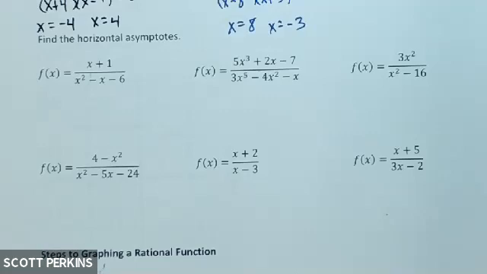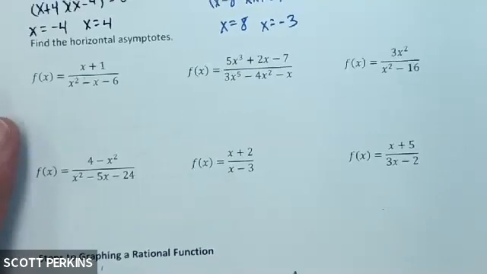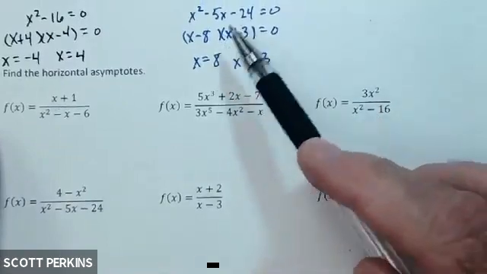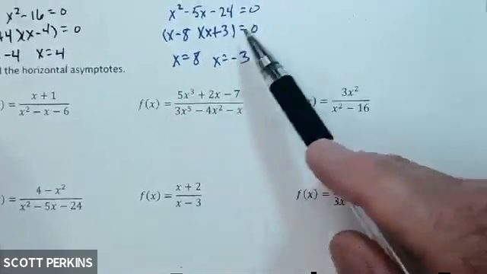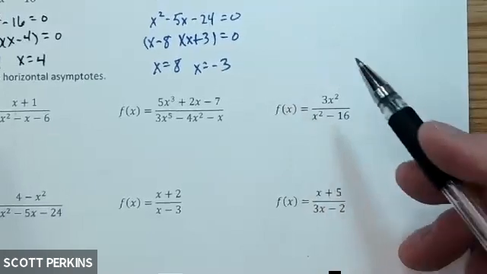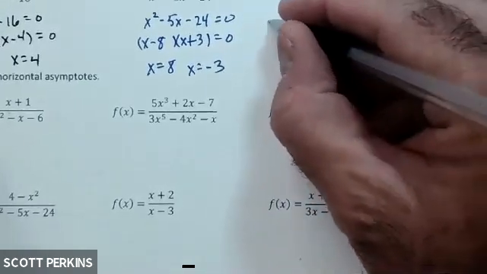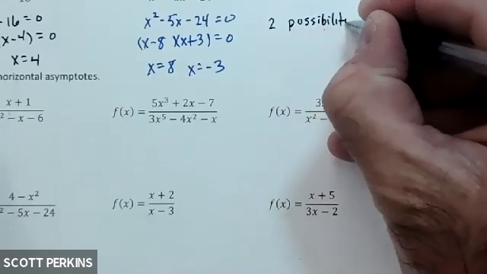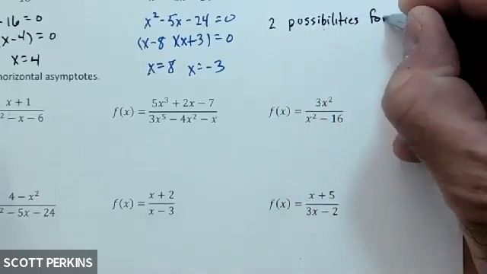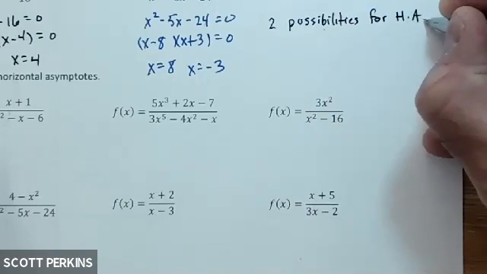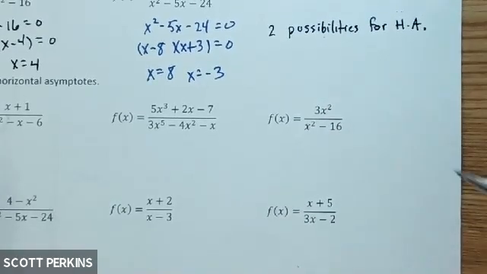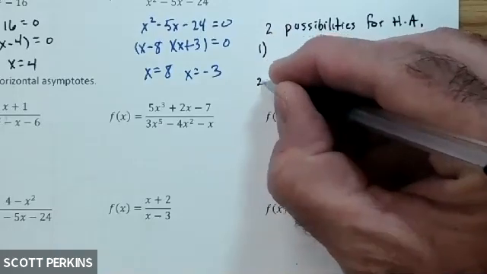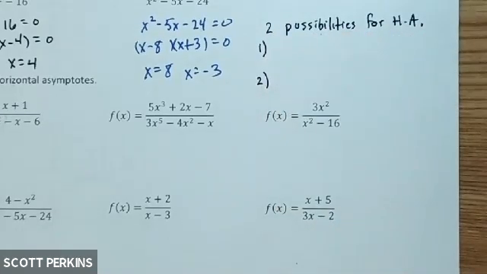There are two possibilities for the horizontal asymptotes, which I'll abbreviate HA. It has to do with comparing the highest power in the numerator and denominator.